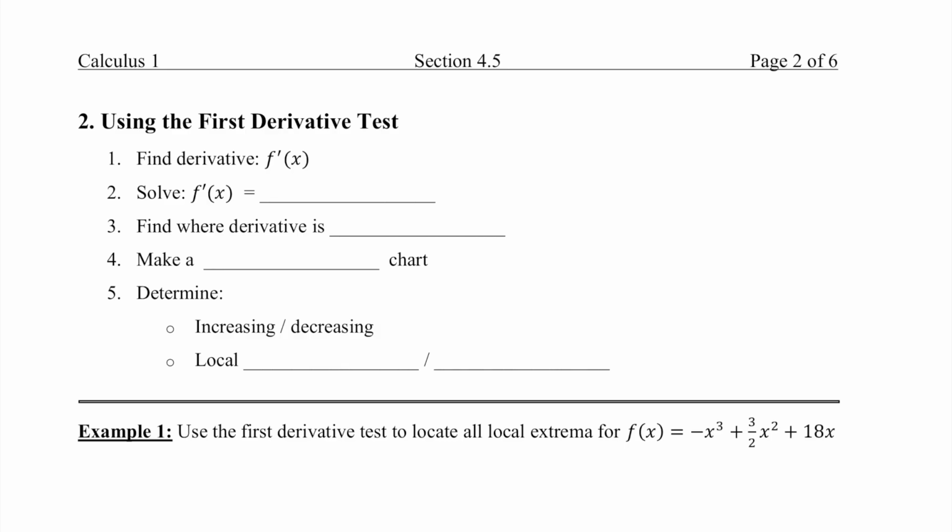Now, let's talk about how to actually use the first derivative test step by step. I am going to give you a clear process that you can follow every time. Here are the steps. Step 1. Find the derivative f prime of x. Step 2. Set f prime of x equals 0 and solve for x. Step 3. Find where the derivative is undefined.